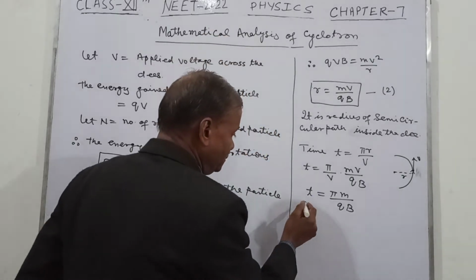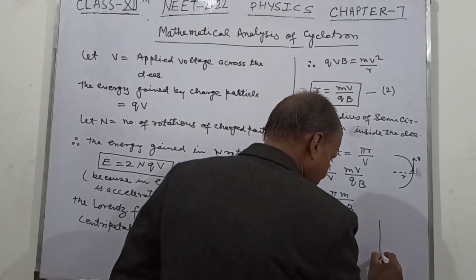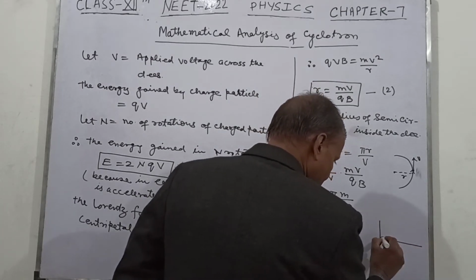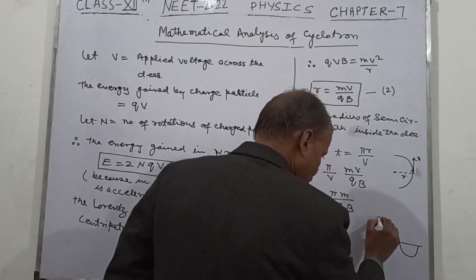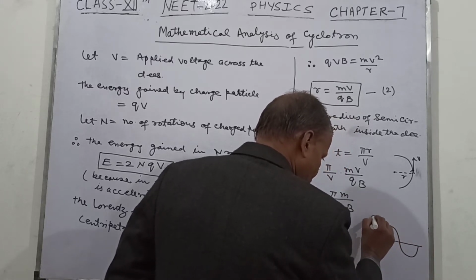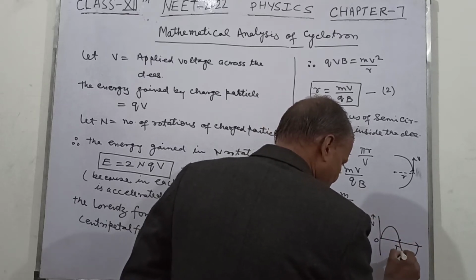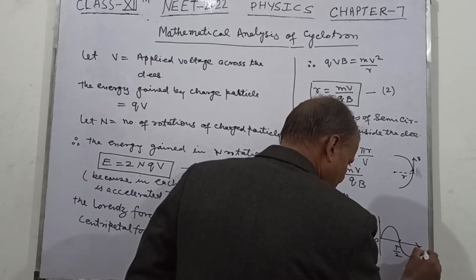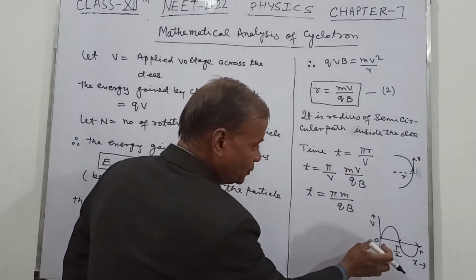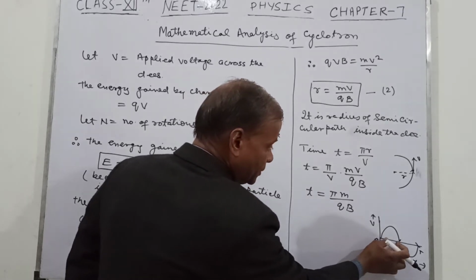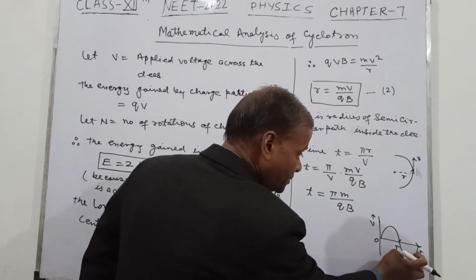So this is zero, this is voltage V, this is time, and this is T by 2, and this is T. So this t must equal T by 2, so that the polarity changes.